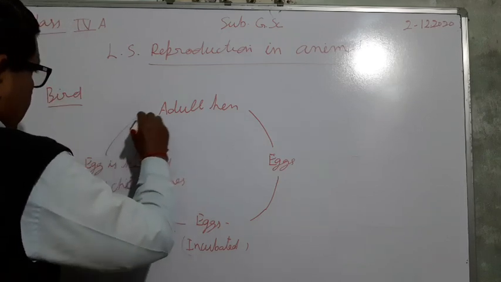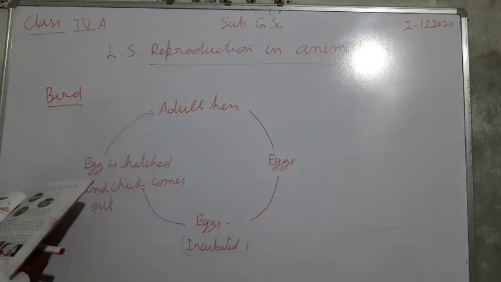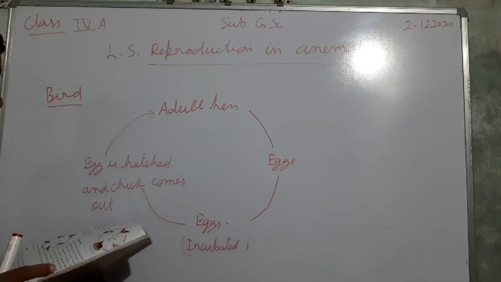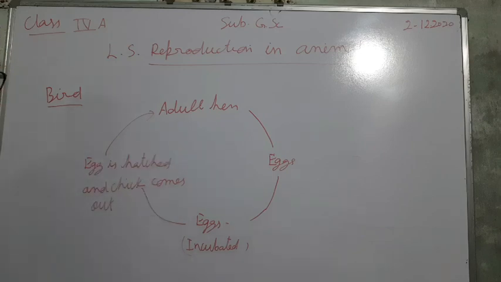This chick ultimately develops into the adult hen. In this way, the life cycle is completed.